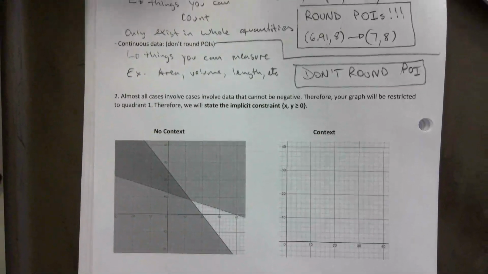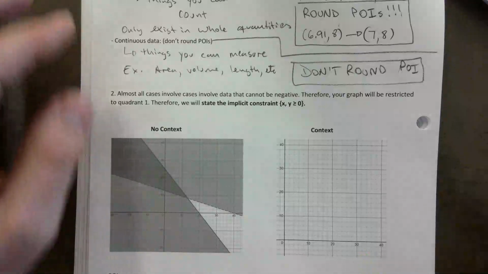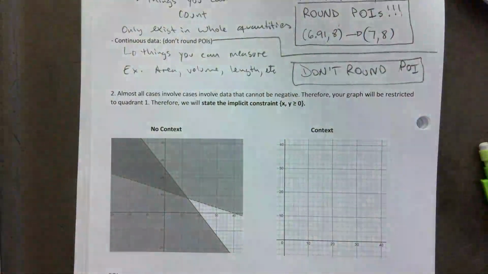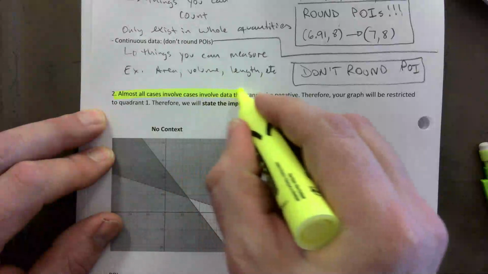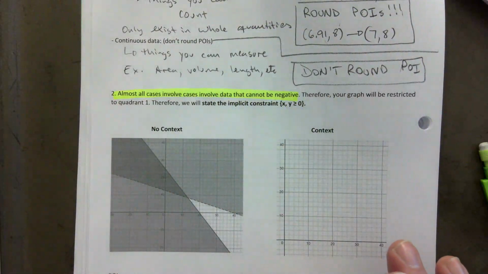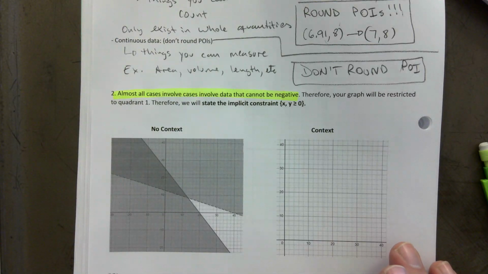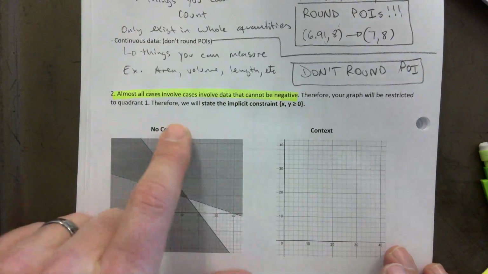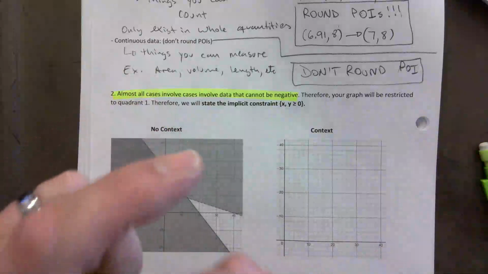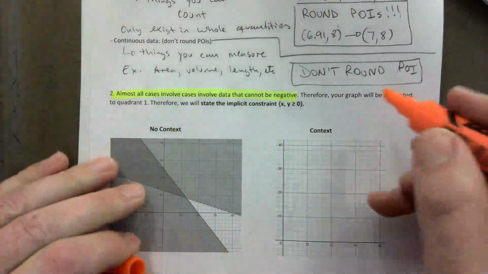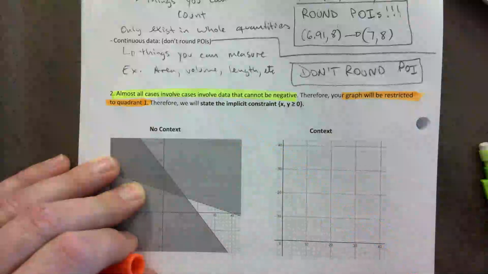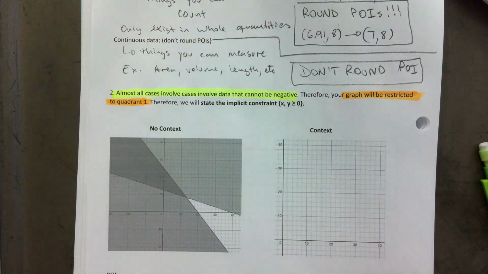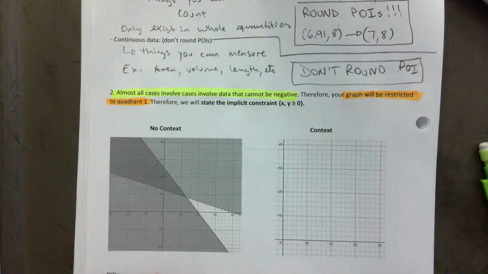Okay, the next thing you need to be aware of is almost all cases involve data that cannot be negative. And I can go ahead and tell you, in all of our cases, that's going to be the case. We're only in the positive quadrant, in quadrant 1. Therefore, you will be restricted, right? The graph will be restricted to quadrant 1. And watch this, this is new.